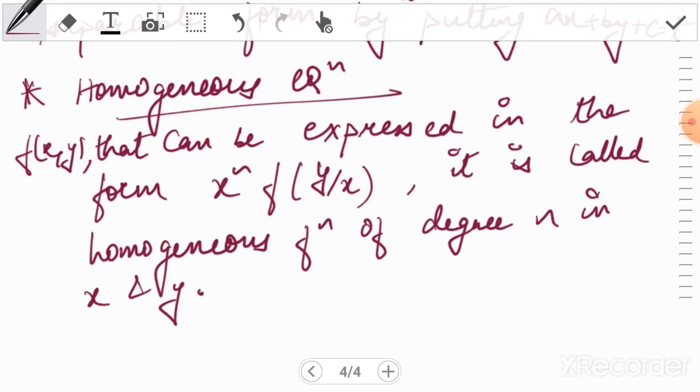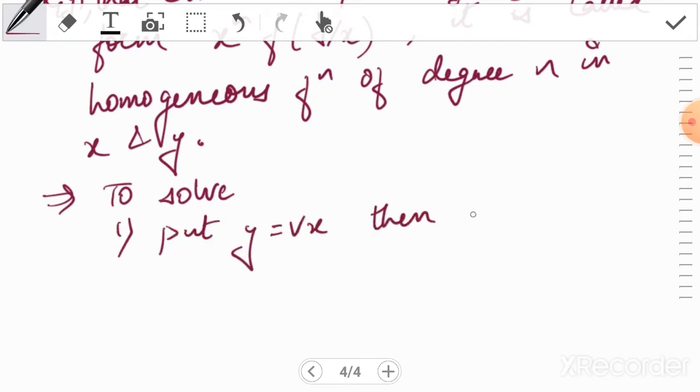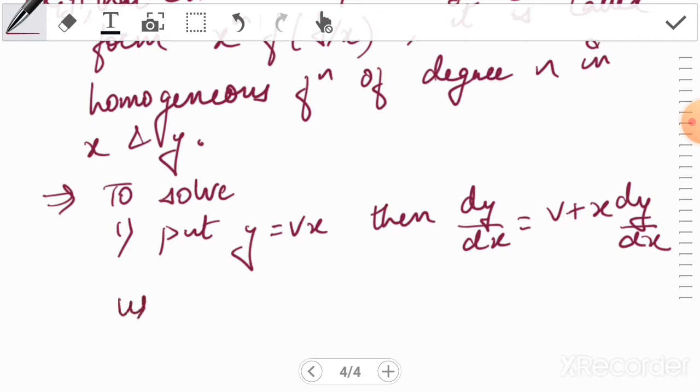To solve a homogeneous equation, first step is put y is equal to vx, then differentiate with respect to x to get v plus x dv by dx. Now use the variable separable method.